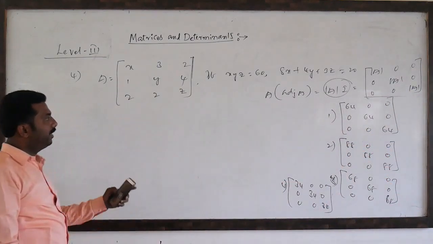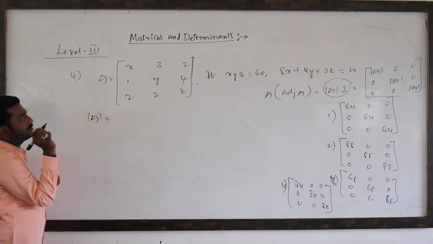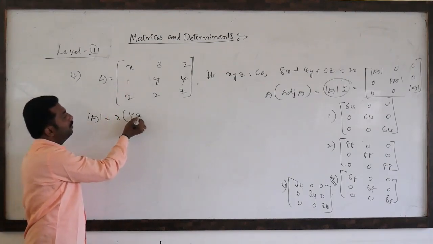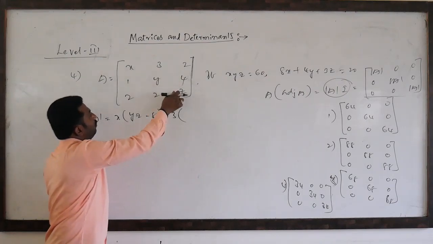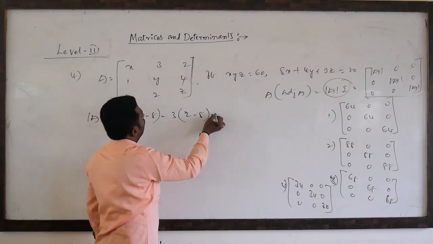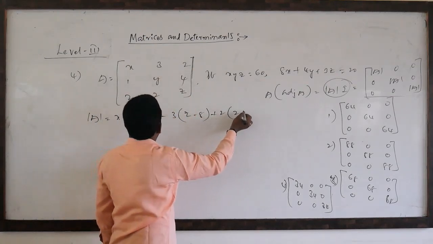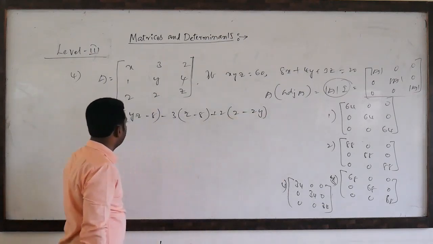So det A equal to, see directly: x into (yz minus 8) minus 3 into (z minus 8) plus 2 into (2 minus 2y). So this is the determinant of A.